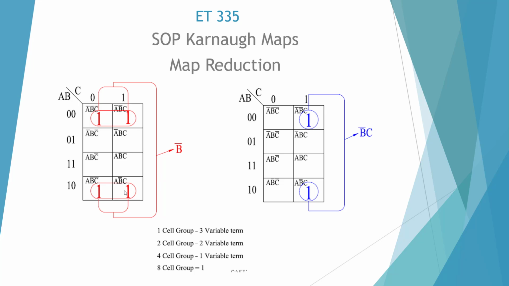These are all contradictory. So the only thing that remains the same is B bar, so we're going to hang on to it. These two are also contradictory, top and bottom, and A bar's gone, B bar's going to stay, and C is going to stay.